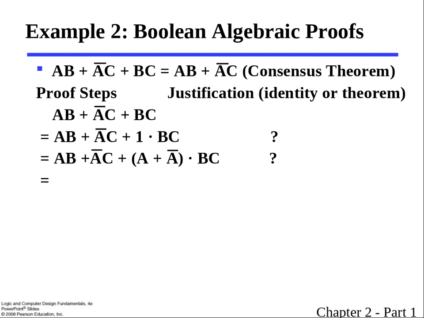Last term, so this is going to be... Did I do that right? Right. Okay, so 1 or C is always 1, so we know that this is AB. 1 or B is always 1, so we know this is A, not C. Is that what we wanted to prove? Yes.